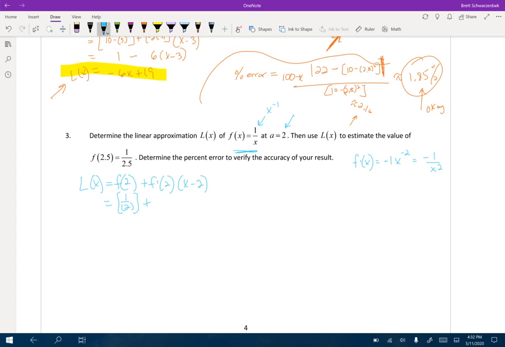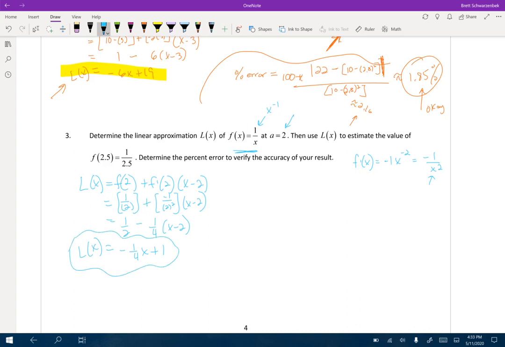So what do we need to do? We need to take 2 and plug it in there. So we're going to get negative 1 over 2 squared, and then x minus 2. So this is going to give us 1/2. This is going to become minus 1/4 times x minus 2. And if you collect like terms and do all the fun algebra, you're going to end up with this as the equation of your tangent line, or your linear approximation.